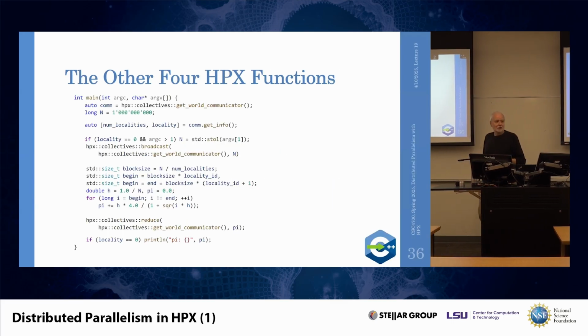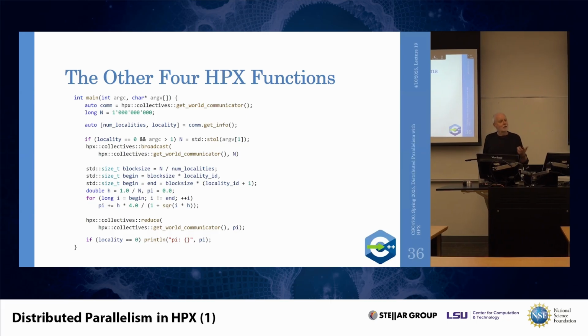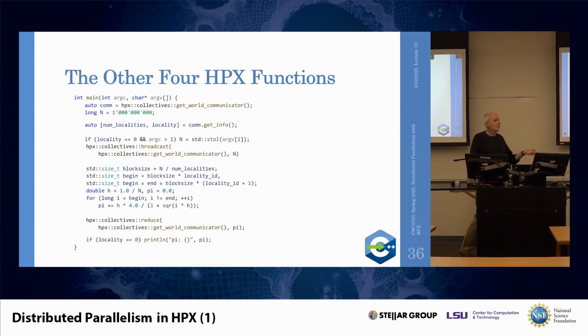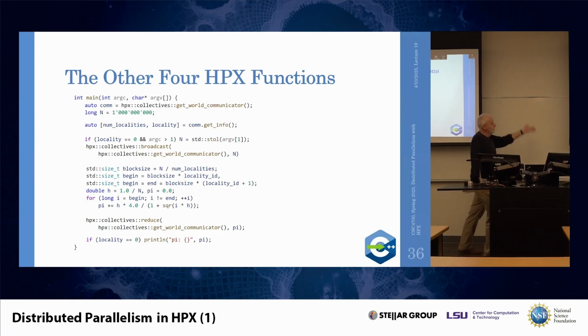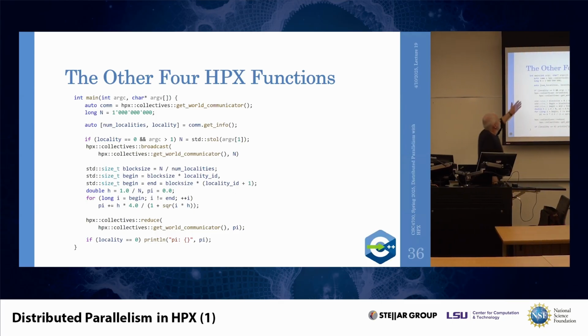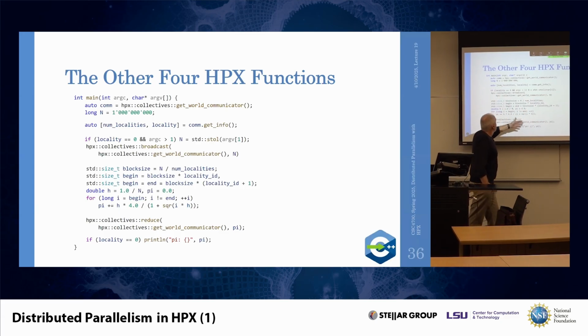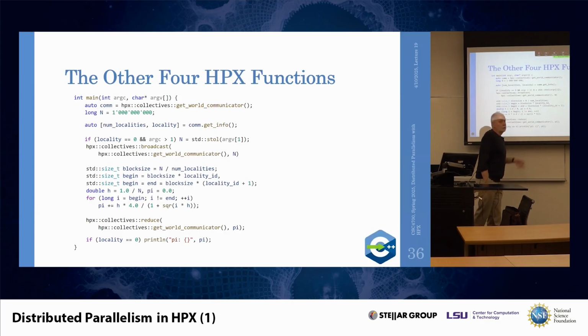What are the other 4 functions in HPX I mentioned? Those are related to communication, to collective operations. Well, we have seen the code before. We have getWorldCommunicator, we get the info, we do broadcast, and we do reduce.